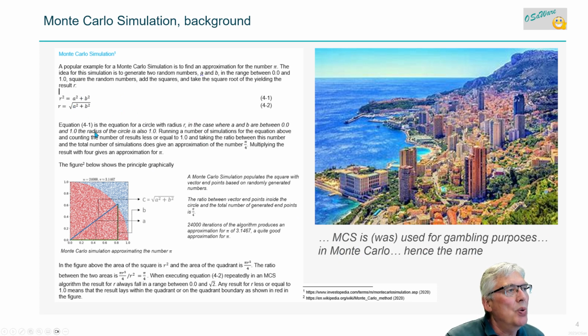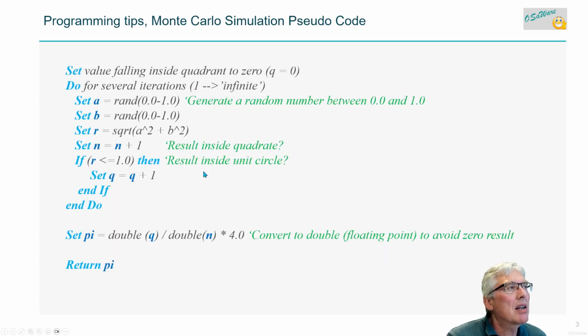So this is what you are going to program. And of course, this algorithm you can find on the net too, or maybe you could ask ChatGPT to give it to you. But here is the pseudocode. Be careful now, because the pseudocode says do for several iterations, 1 to infinite. So what you do is generate a random number between 0 and 1 and another one.